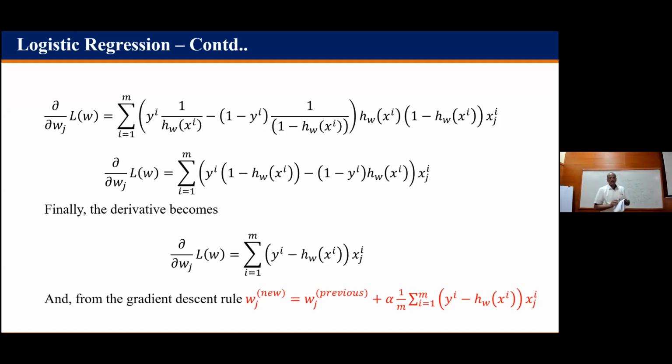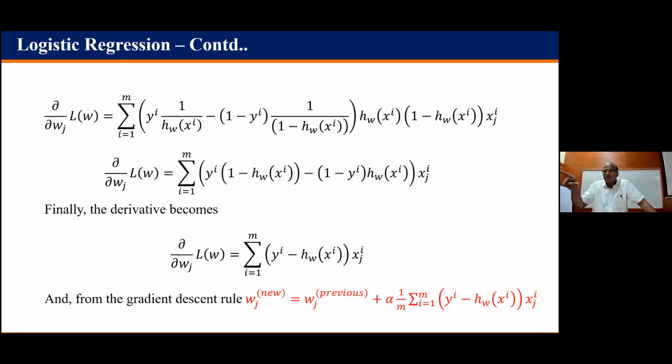All right. So what you do is assume an initial parameter vector of W0, W1, W2, W3. So W1 new equals W1 old plus alpha 0.05 into 1 by 105, let's say 105 samples, sigma from 1 to 105 of yi minus hW of xi, times xj.